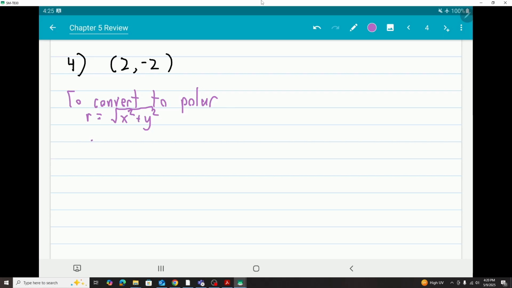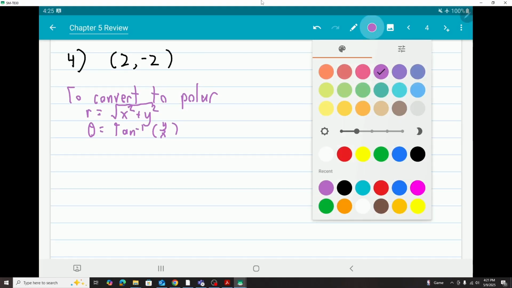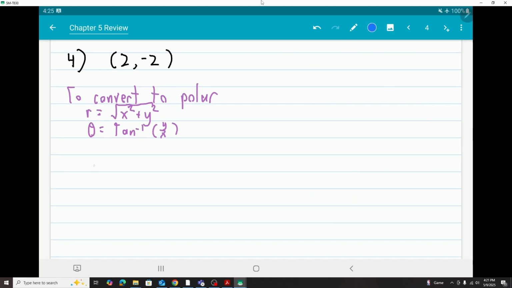And we need theta is equal to tan inverse y over x. Okay, so these are the equations that we're going to use. The r one is pretty simple and straightforward. R is the square root of 2 squared plus 2 squared. R is equal to the square root of 8.